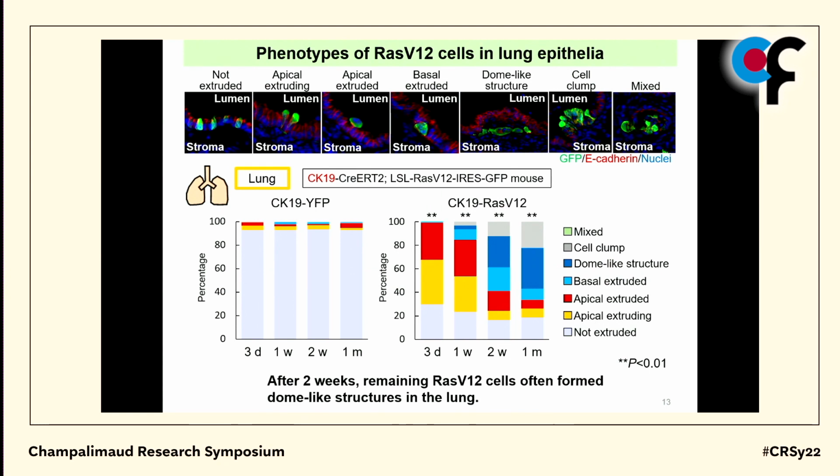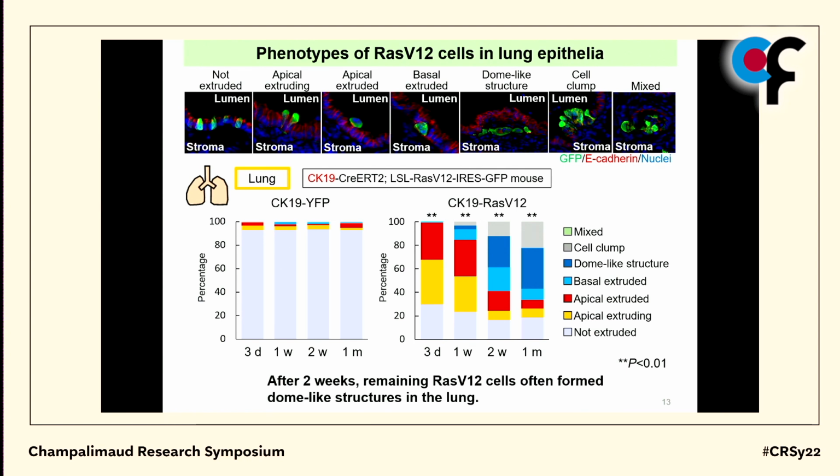In this experiment, using this cell competition mouse model, we examined the phenotypes of RasV12 cells in lung epithelium. This is a control situation, where only YFP is expressed. Most cells were not excluded and remained within the epithelium like this. But in these RasV12-expressing mice, at 3 days or 1 week, most of the cells show an apically excluding or excluded phenotype.